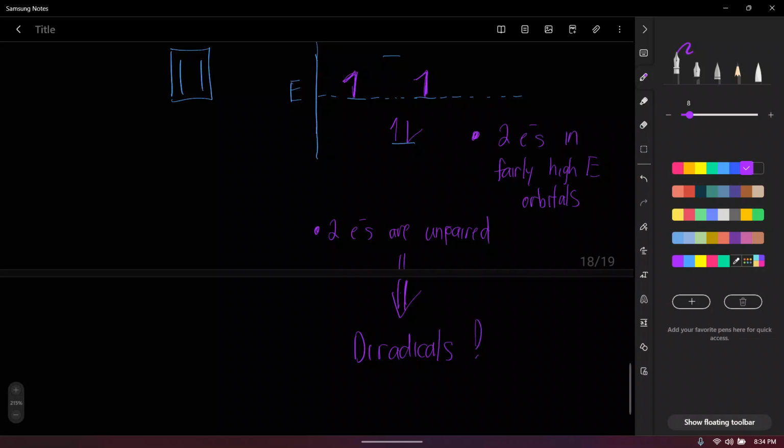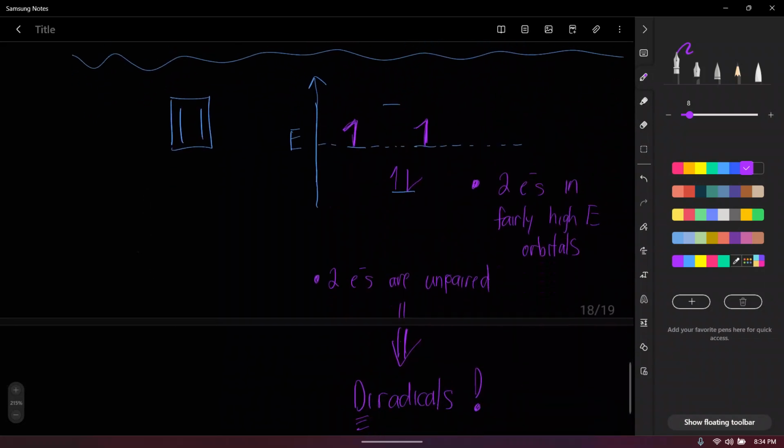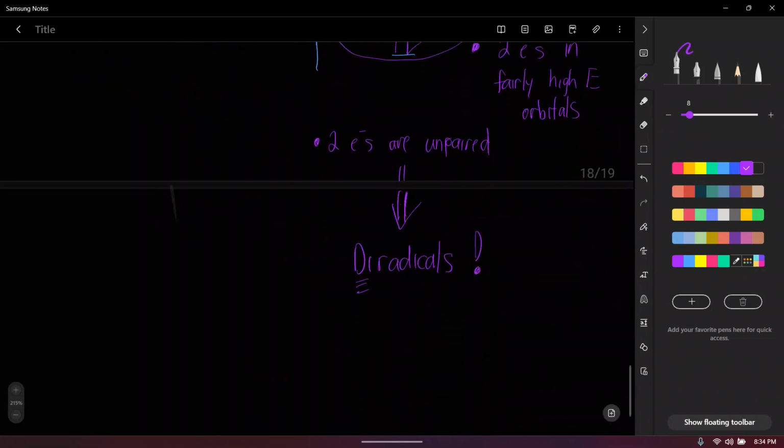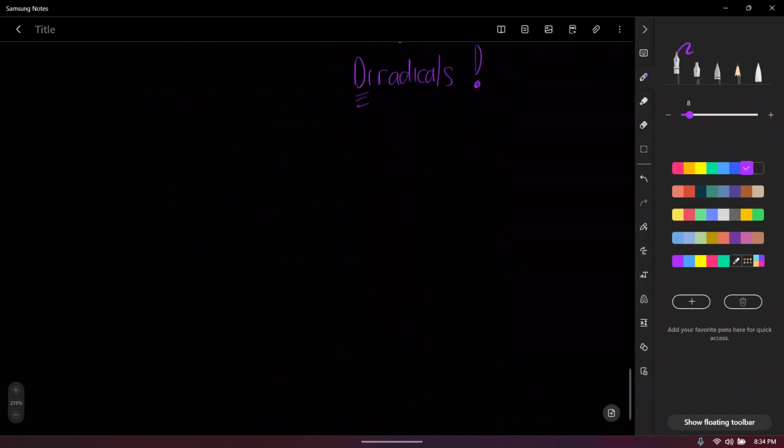Radicals are not stable. Diradicals are extremely not stable. So this whole thing is an absolute mess, and that is what makes anti-aromatic compounds very bad, and essentially not very fun to deal with.